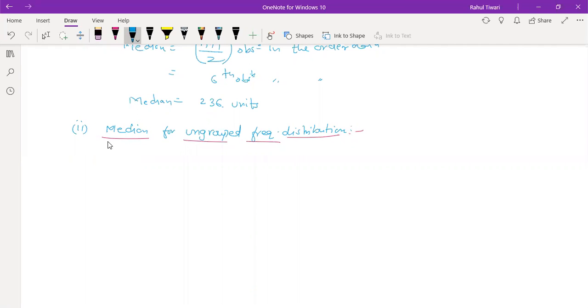So what are the steps for solving this problem? What you have to do? It's very simple. In step 1, you need to find the less than type CF, which is cumulative frequency, you know, right? For the given ungrouped frequency distribution.